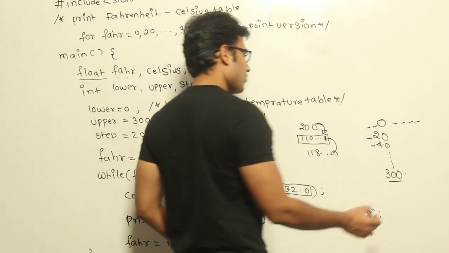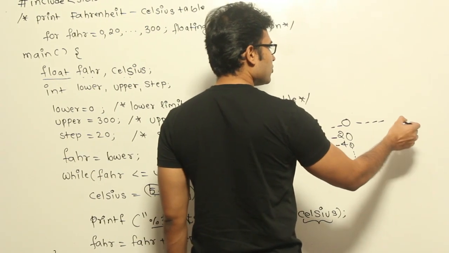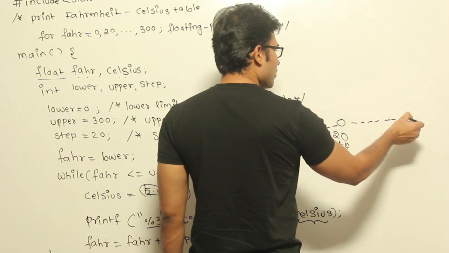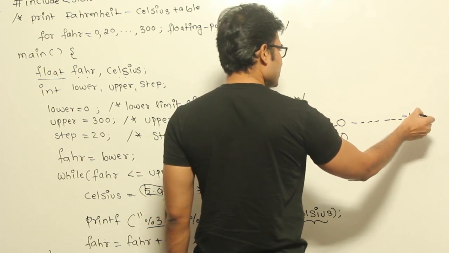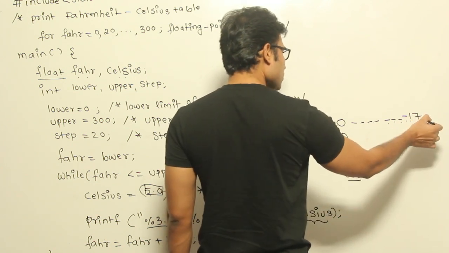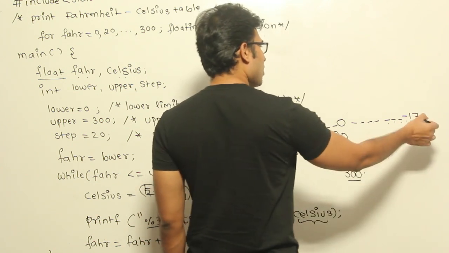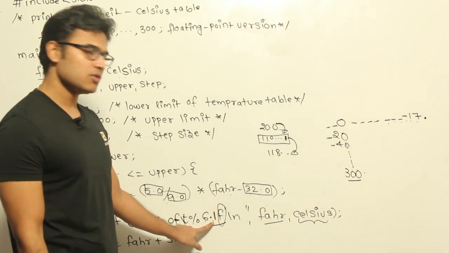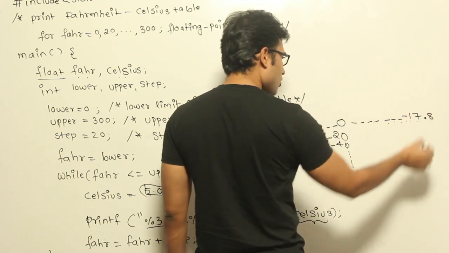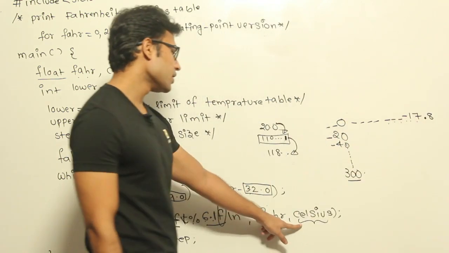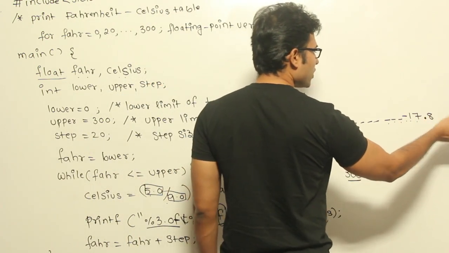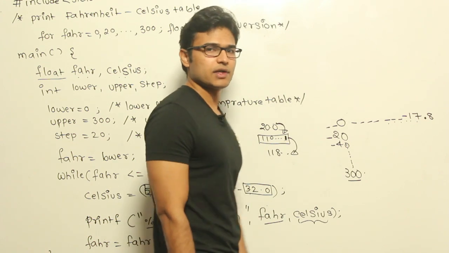So whatever value you get, let us say it is minus 17.8, that will be represented as 1, 2, 3 followed by minus 1, 7, which means 1, 2, 3, 4, 5, 6. So 6 digits will be used before this floating point, and then after it 1 digit will be used. 6.1 means 1 digit will be used, and so 8. Even though the number present in this particular variable is more than this, let us say it is 812, that 12 will be truncated. That is the meaning of it.